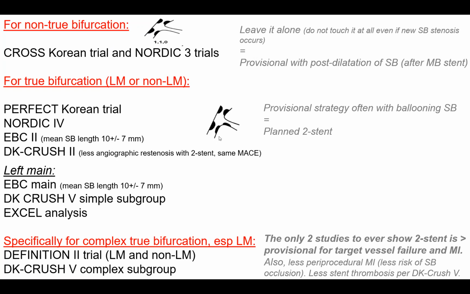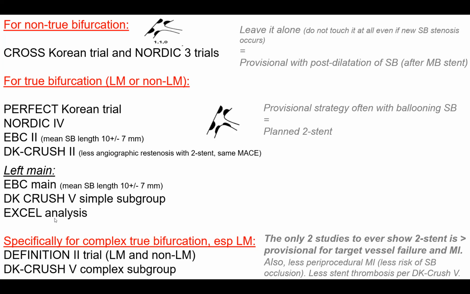So it's interesting. Even modern trials with modern stents, the overwhelming majority still show that provisional is as good as planned two-stent strategy, even for true bifurcation and even for left main for the most part.